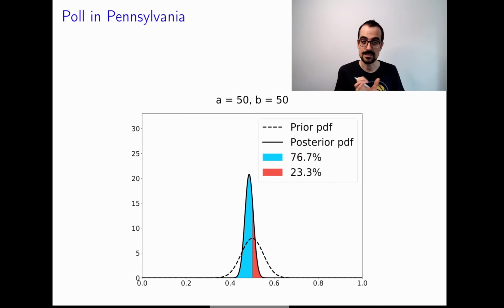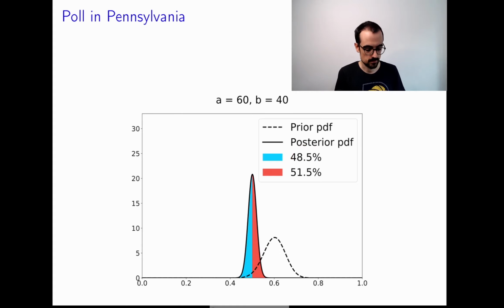And there is a prior that is centered, where we say, oh, we think actually that they're very, very close in Pennsylvania, and we're relatively sure of that, so this is why the prior is more concentrated. If we observe this poll, then we would be like, oh, maybe Biden would win.